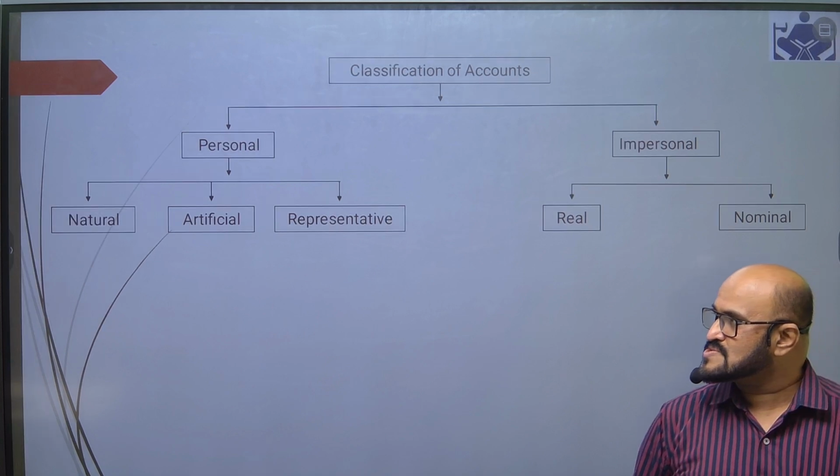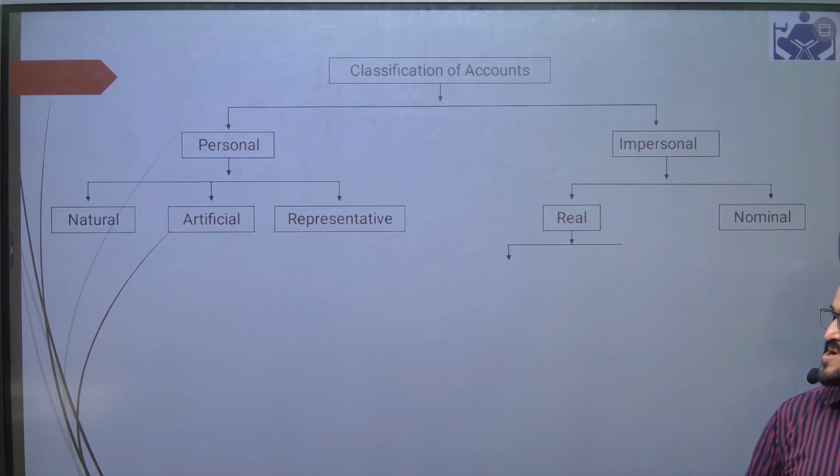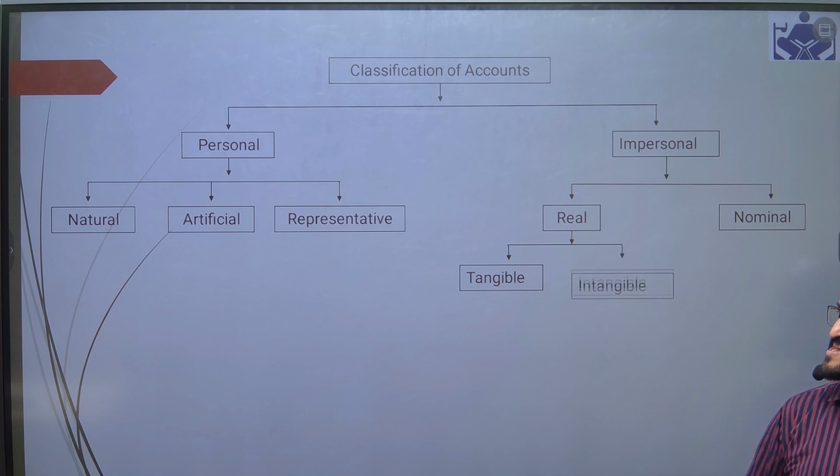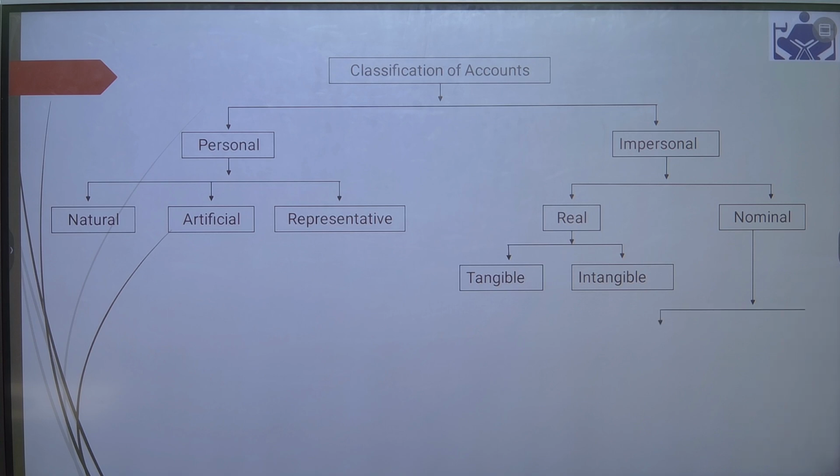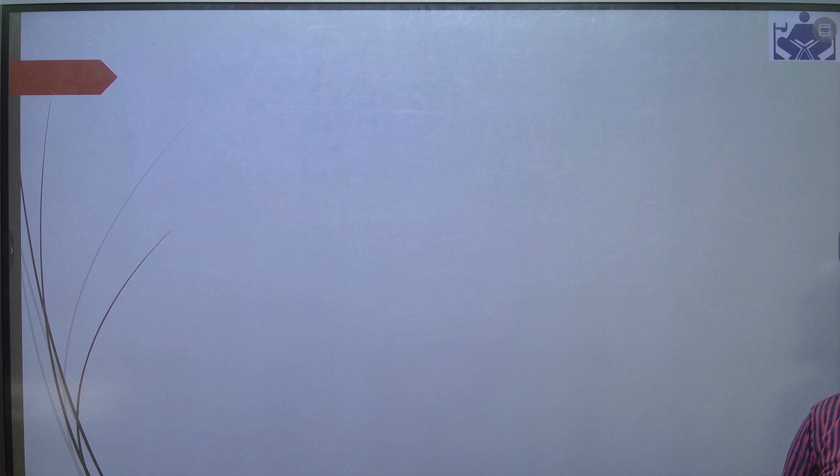Here we can also see that the real account is classified into two. One is tangible real, whereas second one is intangible real. Again, when we move to the nominal account, we have one as expenses and losses, whereas second one is income and gain. Now let us see all in detail one by one.